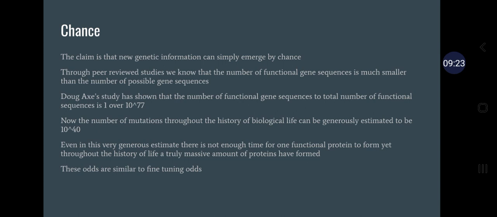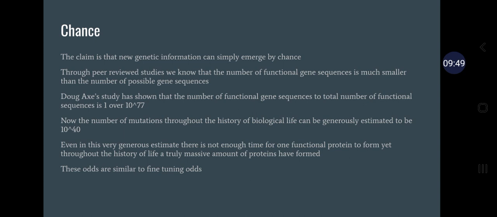Through peer-reviewed studies, we know that the number of functional gene sequences is much smaller than the number of possible gene sequences. There's a study by the scientist Doug Axe. Now this guy is an ID proponent, but his study was published in mainstream biology journals, and it was peer reviewed by evolutionary biologists. And there are other studies like this as well.